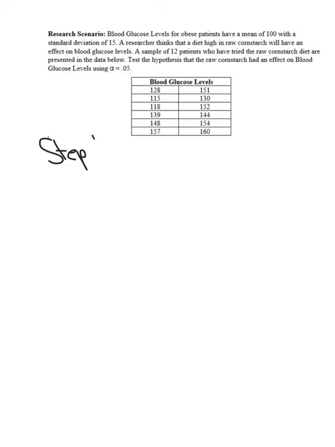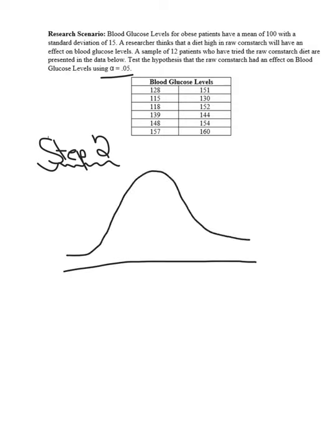Now, if you recall, step 2 is setting the criteria. Alpha level is 0.05 and it's 2-tail, right? So we're using a 2-tail test. One thing that I usually do that is helpful is draw the distribution, and since it's 2-tail, I'm going to put part of it there and part of it there.